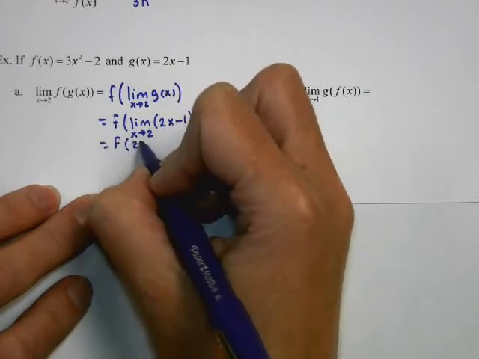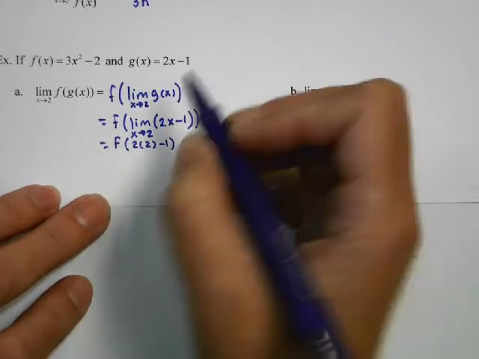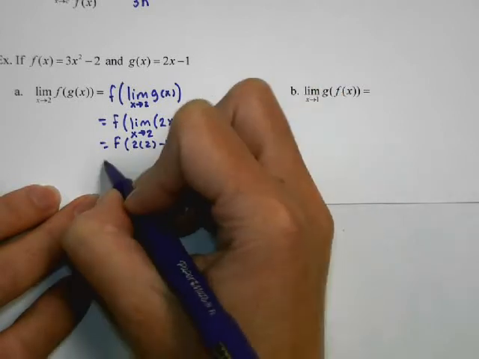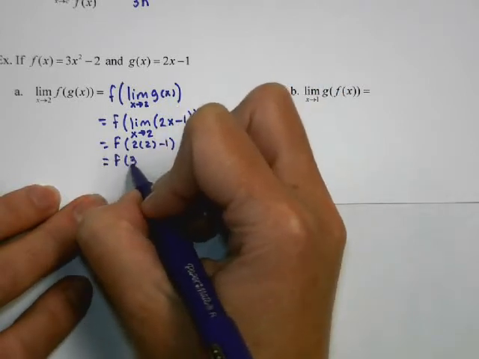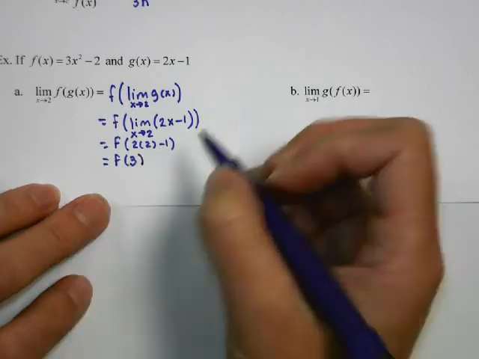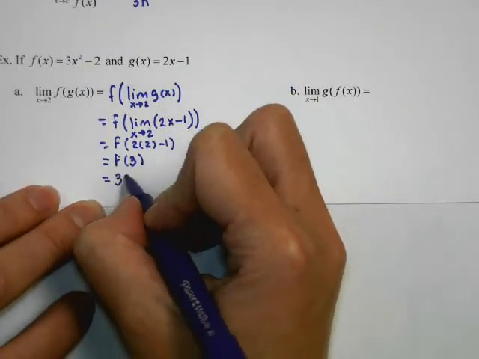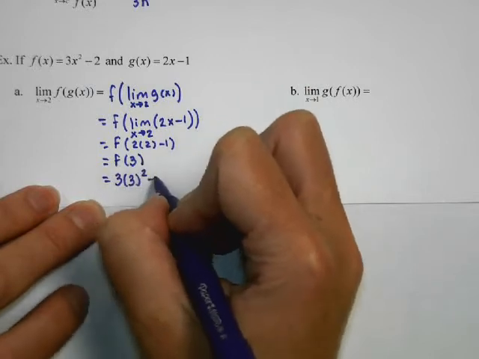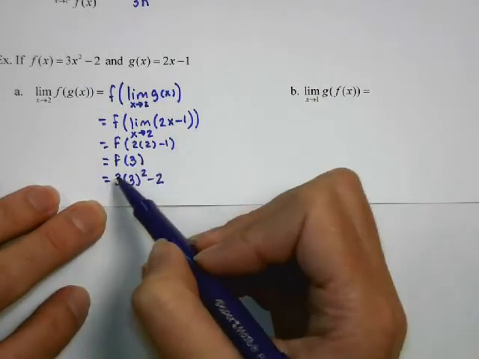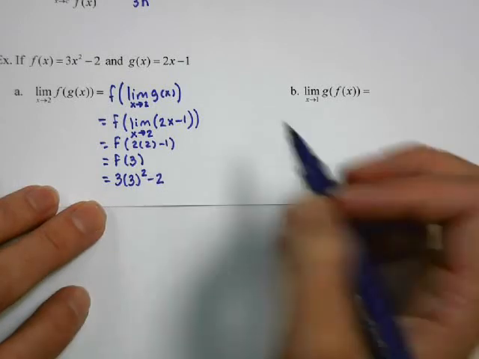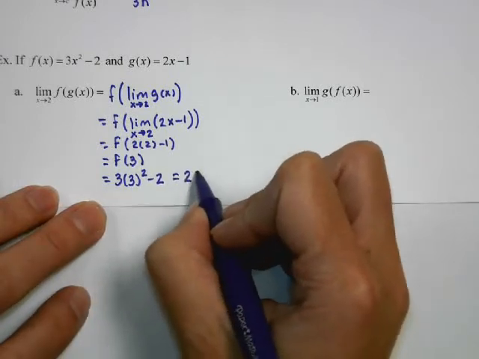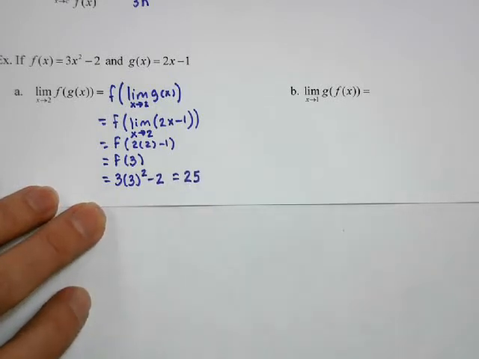So 4 minus 1 is 3. And then we plug 3 into f. So we have 3 times 9, which is 27, minus 2, which is 25. So again, I encourage you to pause, try to do this one on your own, and see if you can get it.